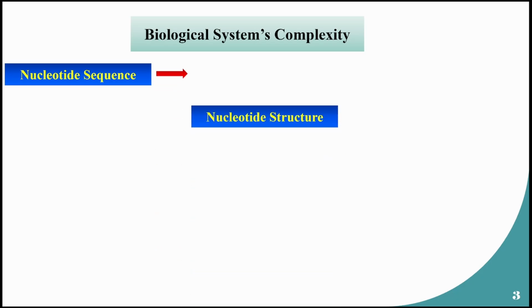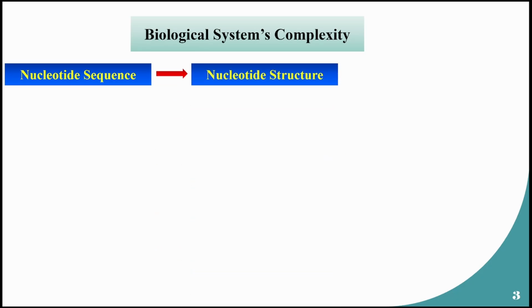Then if you go up a notch, in a little bit more complex way, you have nucleotide structures, right? So the sequences, the primary sequences, will fold in a 3D environment into some sort of structures, right? And in the case of structural analysis also, you will find that bioinformatics is a very, very critical part of it. For example, you will need to calculate the different interactions between biomacromolecules.